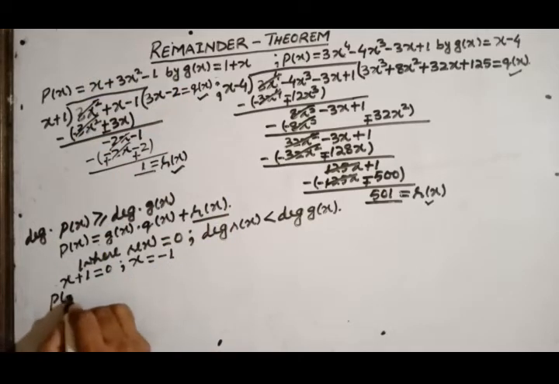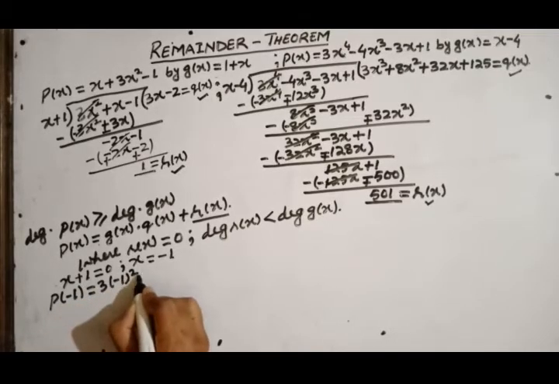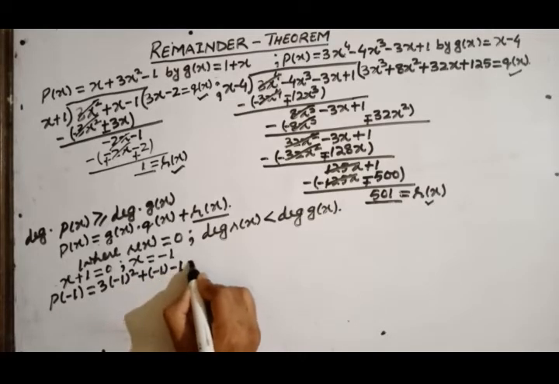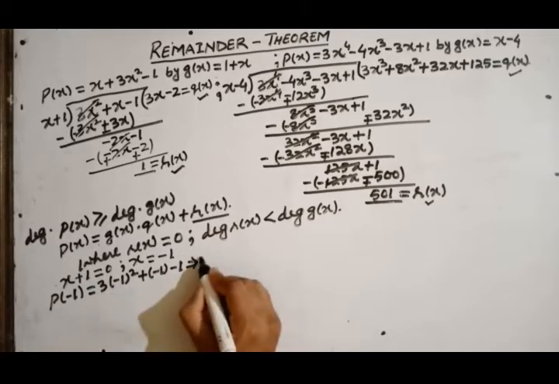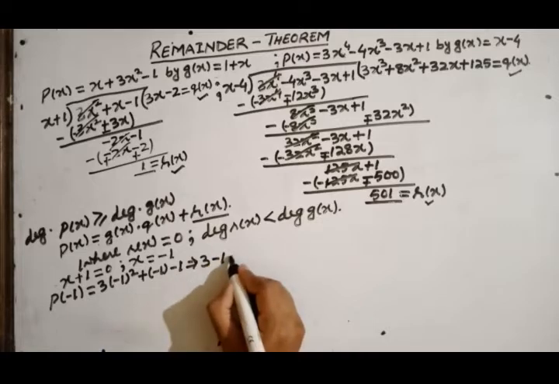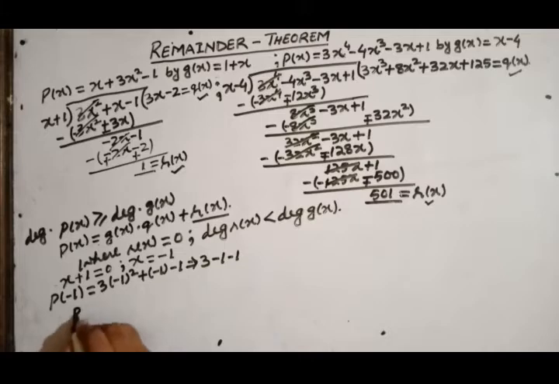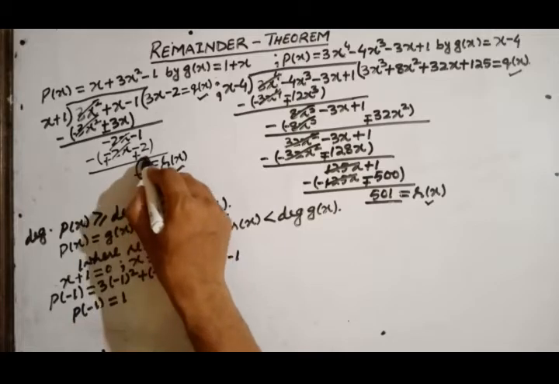So the polynomial at minus 1 is 3 times minus 1 squared plus minus 1 minus 1. Minus 1 squared is plus 1, into 3 is plus 3, and plus minus 1 minus 1. 3 minus 2 becomes plus 1, and this is the same as the remainder calculated earlier.